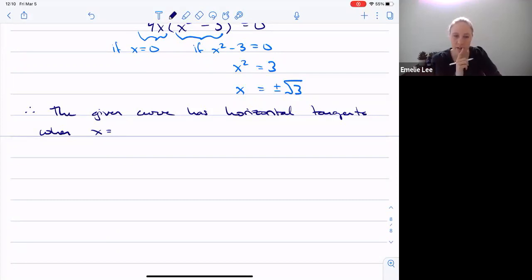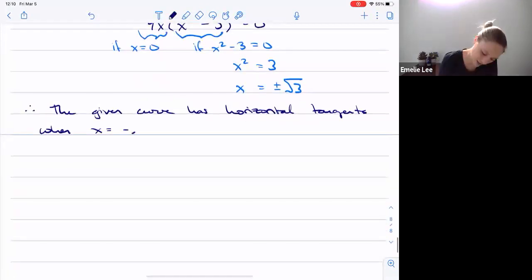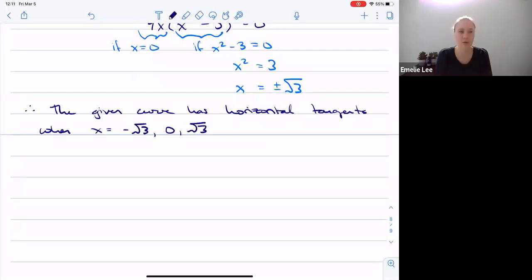So in order, yeah, you don't have to have the 4x. If you have x to the power of 3 and x, you can always pull out an x. And whenever you have an x on the outside, this whole thing is going to go to 0 if it's being multiplied by 0. Awesome. Nice. So in order, if x is negative root 3, 0, or the positive root 3, that's when we have horizontal tangents.